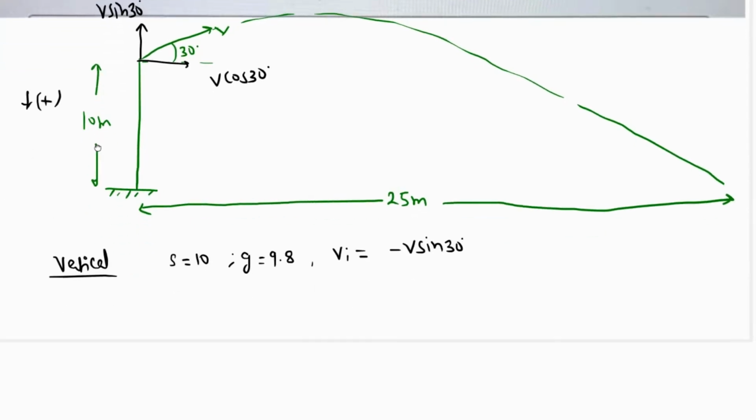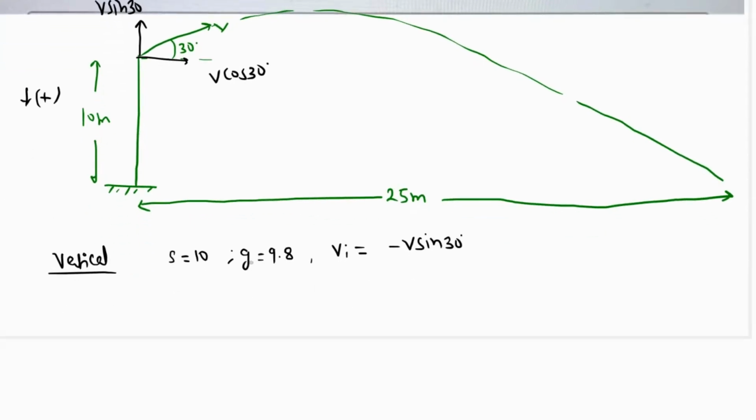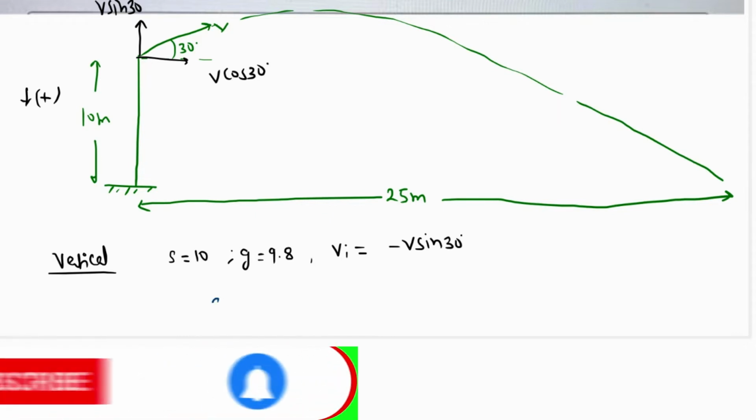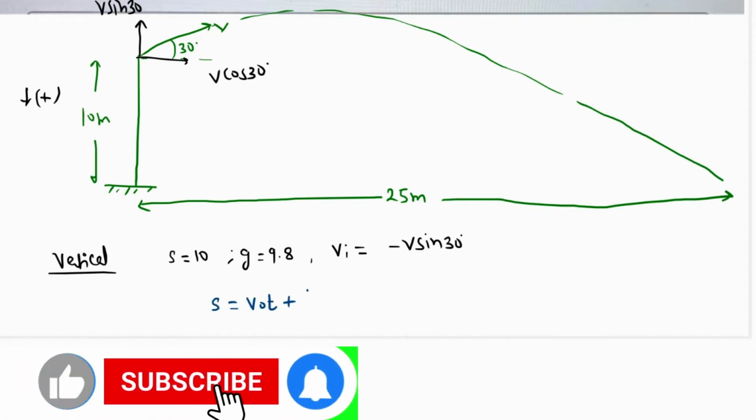So let's use the second equation of motion, s equals v naught t plus half a t square.